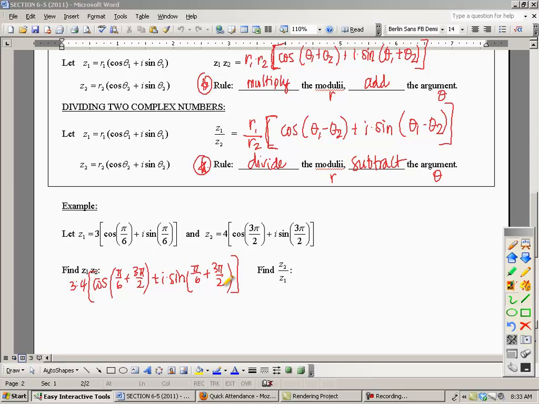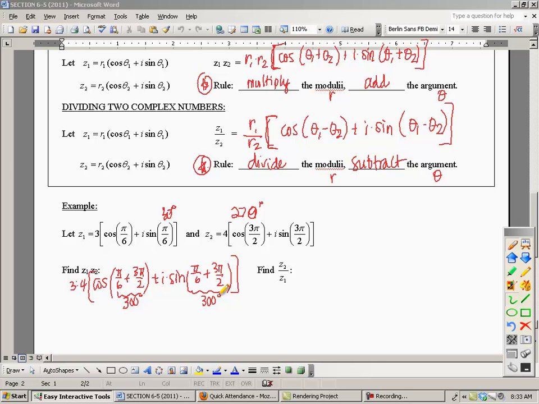Okay, so now I don't care if you do this in radians or degrees. Truthfully, it doesn't matter because you're talking about exact values. Pi over 6 is a 30-degree angle. 3 pi over 2 is 270 degrees. So when I add these together, this is really 300 degrees. Now again, you're going to want your unit circle as we go through.